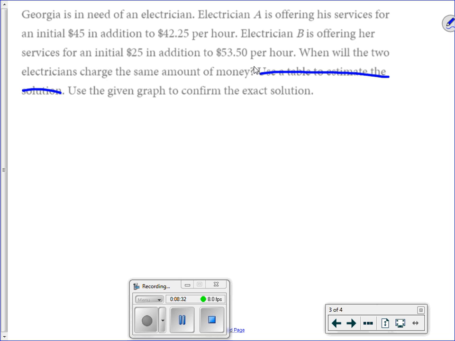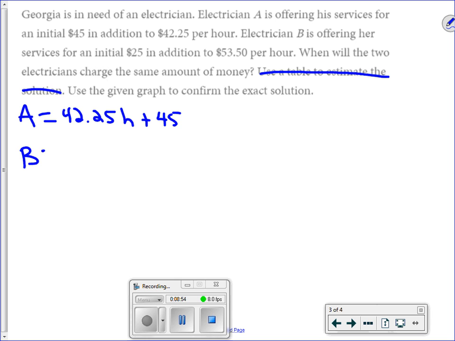So I'm going to write my two equations. Electrician A is going to equal 42.25 per hour plus the initial fee of $45.